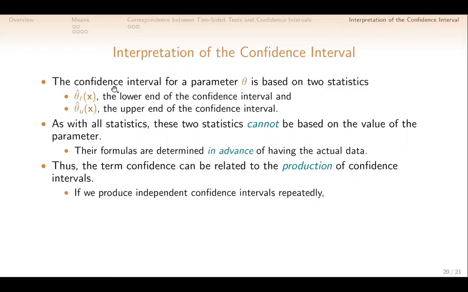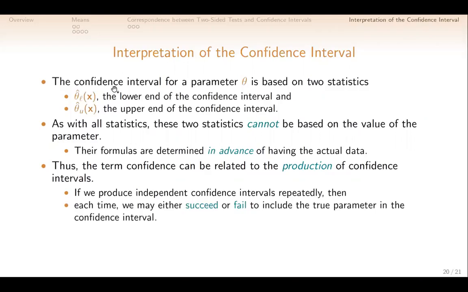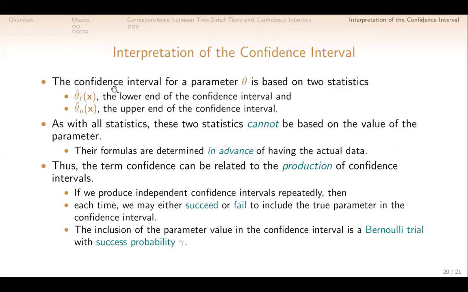If we produce independent confidence intervals repeatedly, then each time we may either succeed or fail to include the true parameter in the interval. You can think about that as a Bernoulli trial, and the Bernoulli trial has success probability gamma, or at least gamma, I guess, if we're trying to be conservative. So that's the way to think about it.